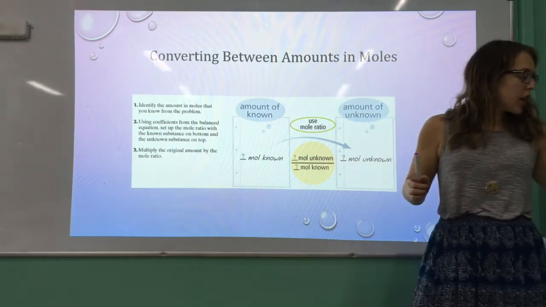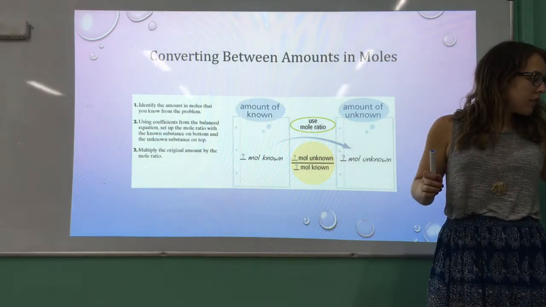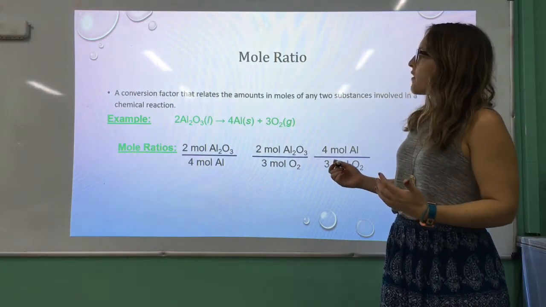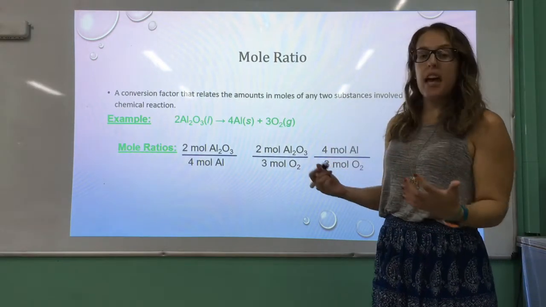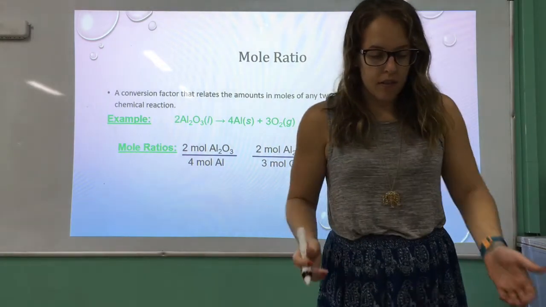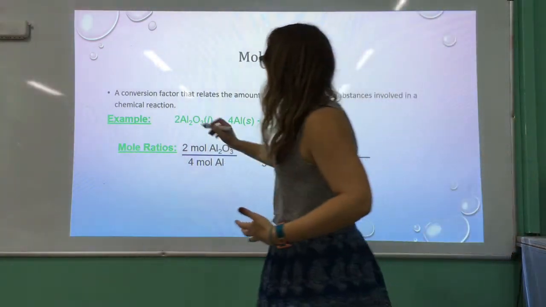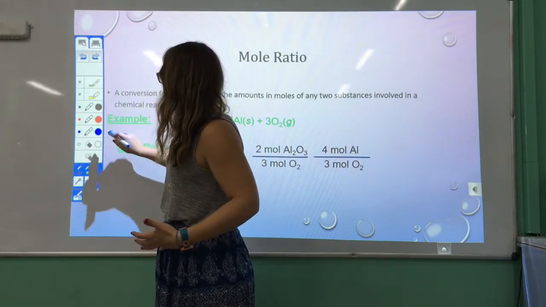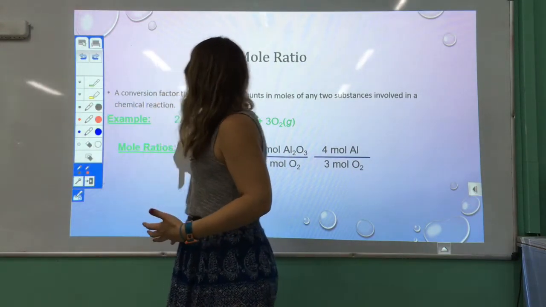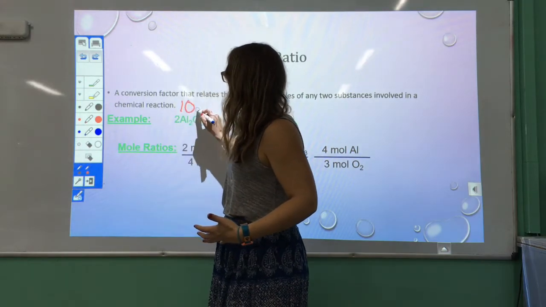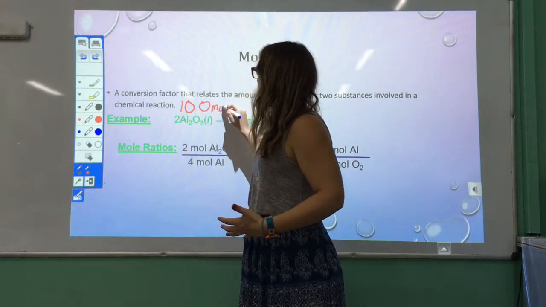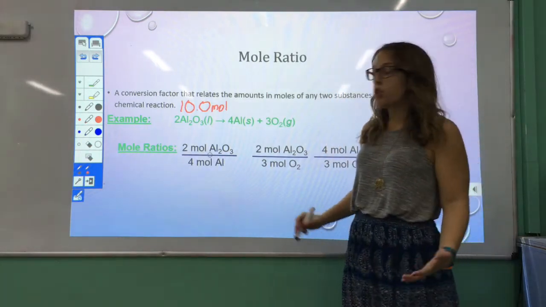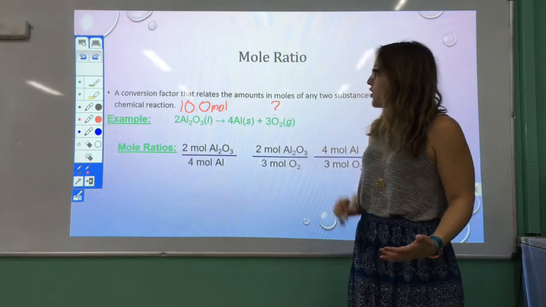So if we are given, let's say, for instance, 10 moles of aluminum oxide, let me do it in a different color so it stands out to you. So 10 moles of aluminum oxide. How many moles do we have of oxygen?